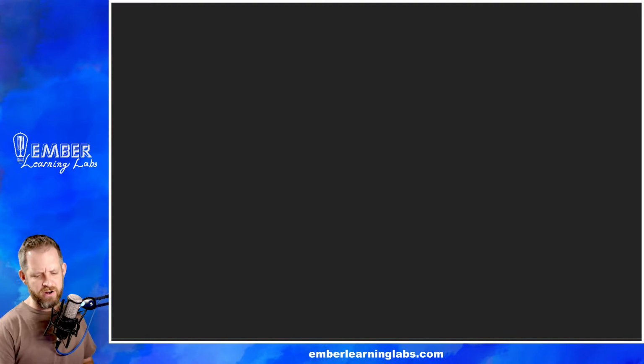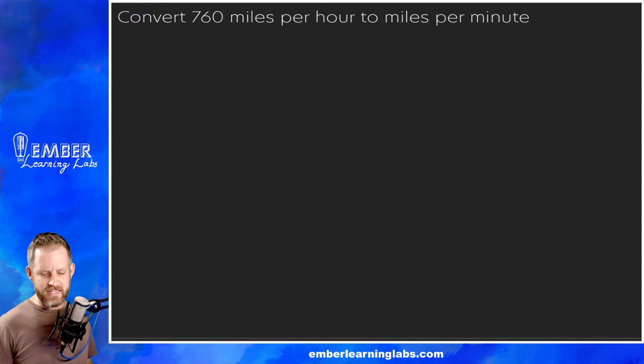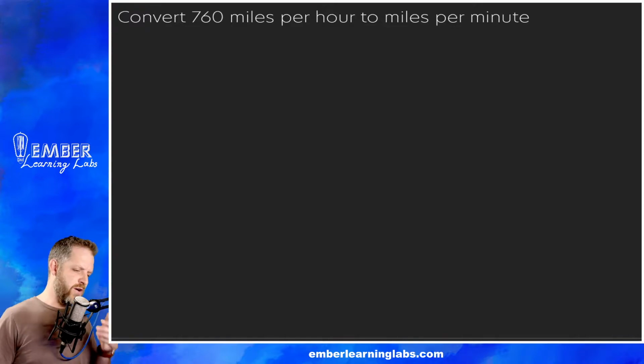So don't just cheat and look up how 760 miles per hour converts to miles per minute, because you could just Google it and it'll give you the answer. But if you learn how to set this up now, it's going to save you lots of time and trouble later. So I encourage you to do that.